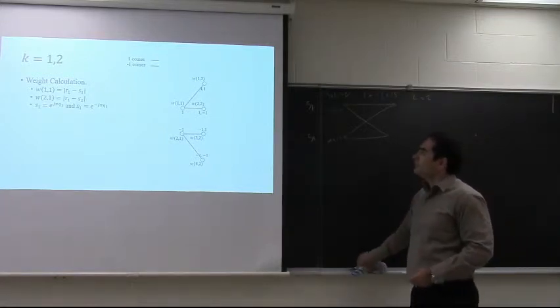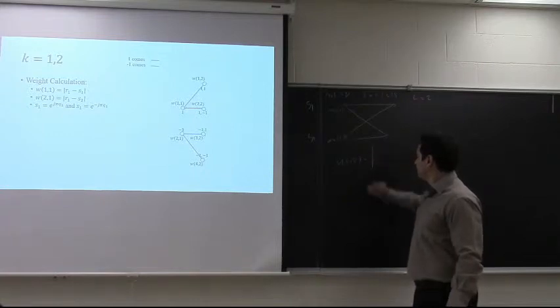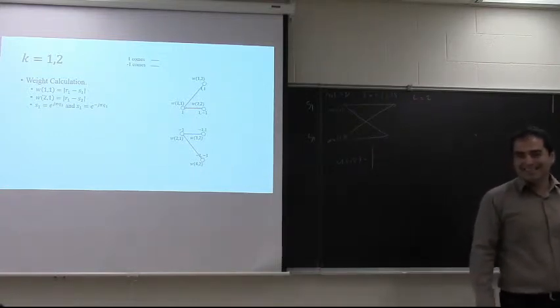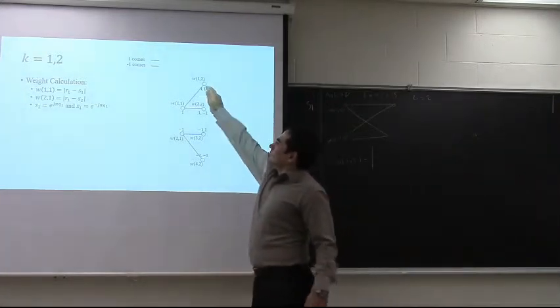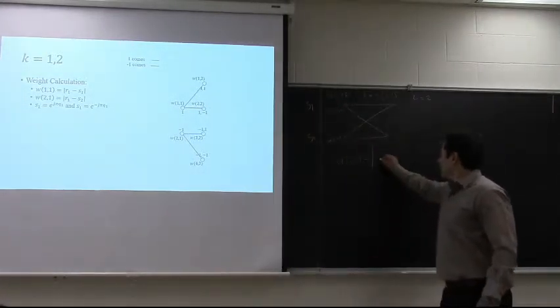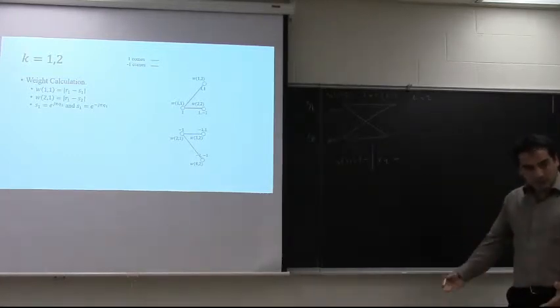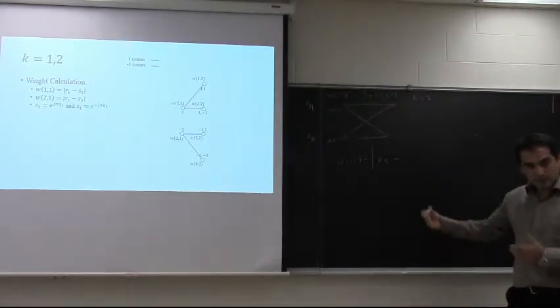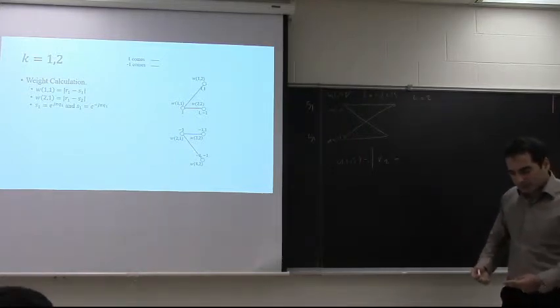W12. Here, this one. R2 minus the distance between the received symbol at the step 2, the second one, and the transmitted symbol.